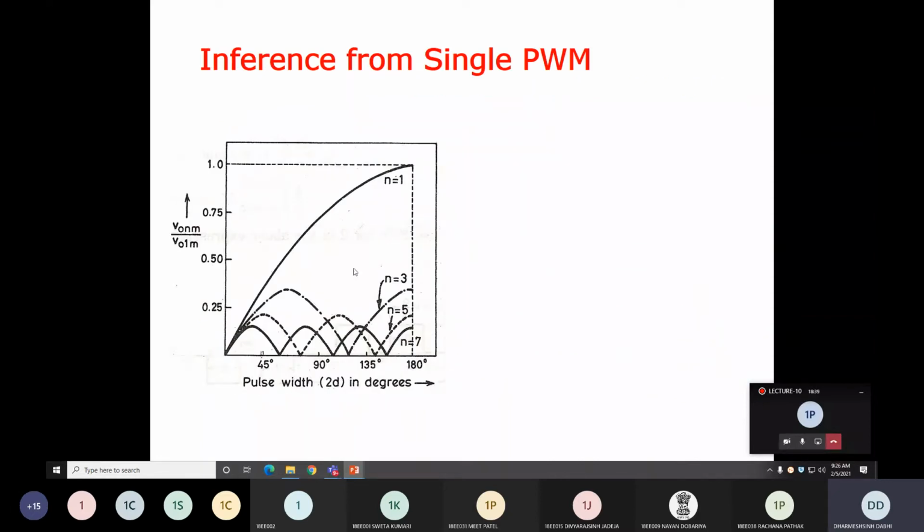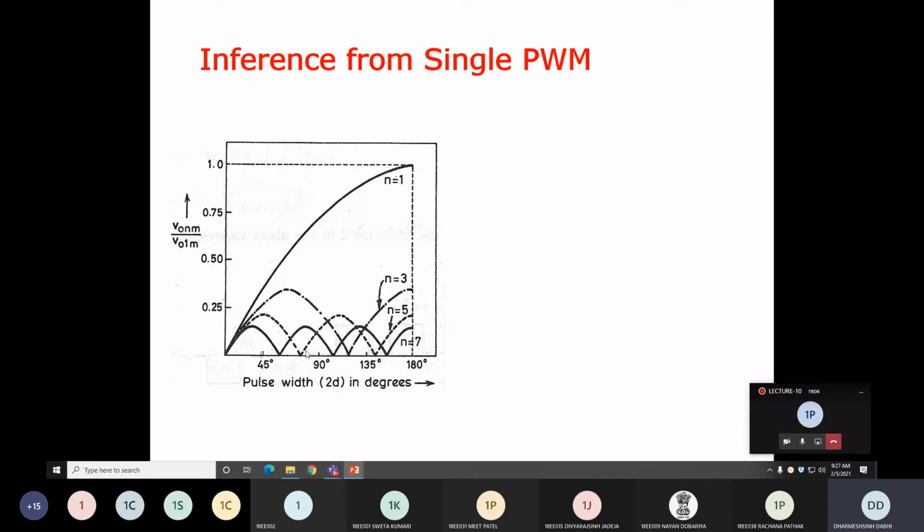Okay. So in the last lecture we also saw this graph of 2d versus the magnitude of the output voltage ratio. As you can see here, this is the fundamental component, n equal to 1. That is the third order harmonic magnitude, and this is the fifth order harmonic, and this one is the 7th order harmonic. You can see that at 120 degrees, 2d equal to 120 degrees, your third order harmonic becomes 0.